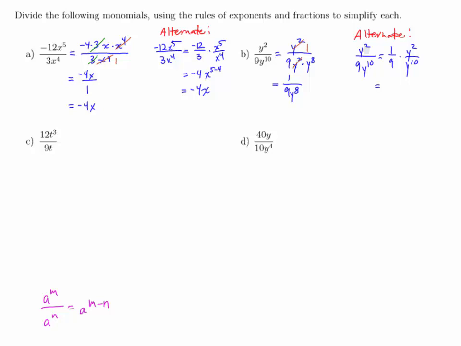And to simplify y squared over y to the 10th, we'll subtract those exponents. So we'll have 1/9 times y raised to the 2 minus 10, which is 1/9 y to the negative 8th. And in general, we don't leave negative exponents, so that becomes 1/9 times 1 over y to the 8th, which is 1 over 9 y to the 8th.